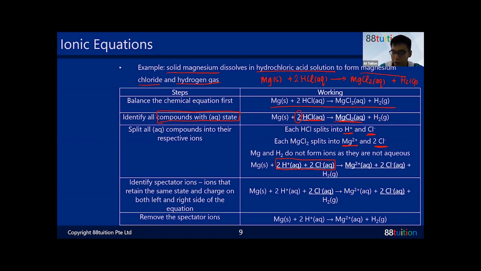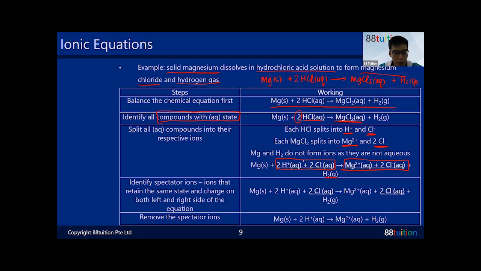Then MgCl2 splits up into Mg2+ and Cl-, so I split it up here also. Lastly, the H2 gas, nothing changed. Remember to assign the ions their states also. They never change state yet.